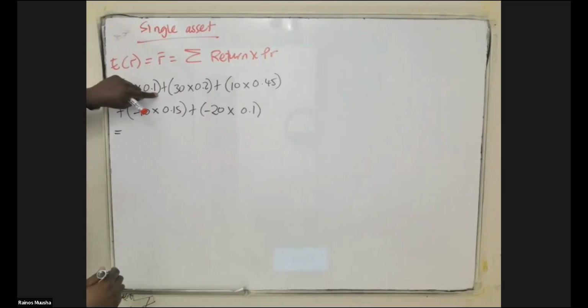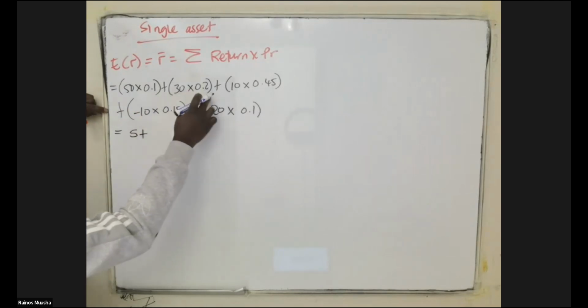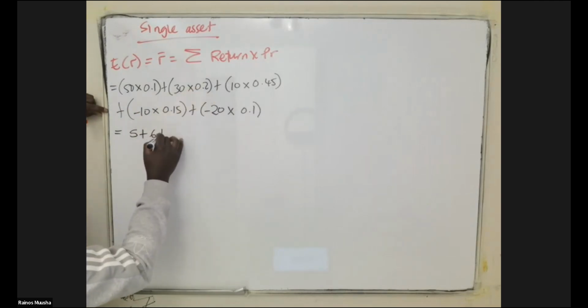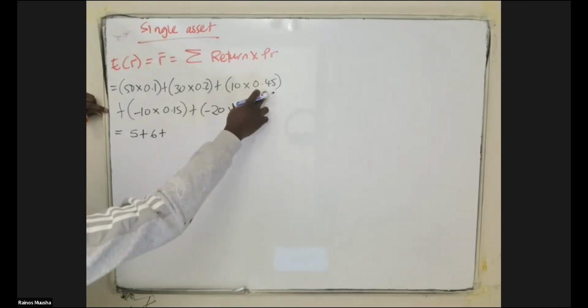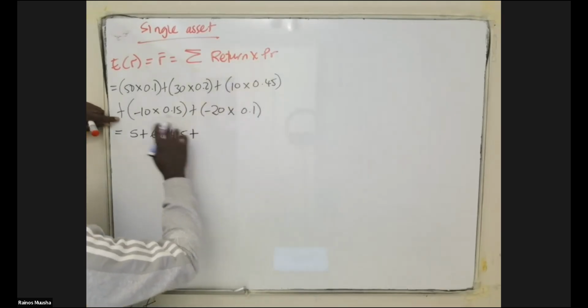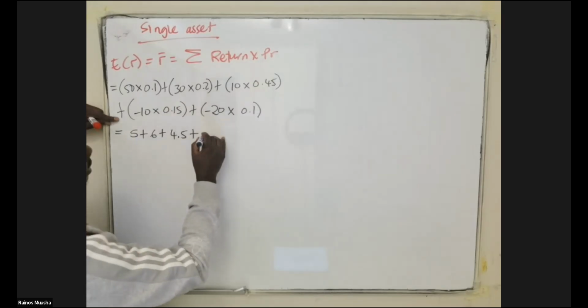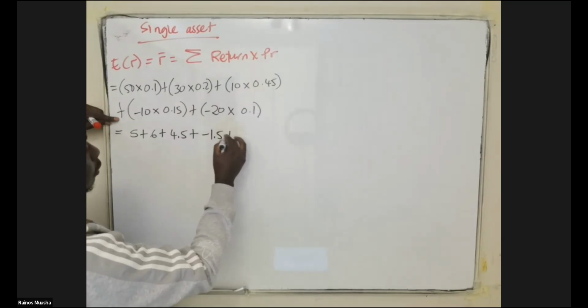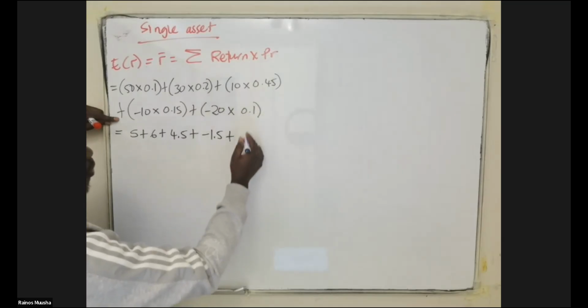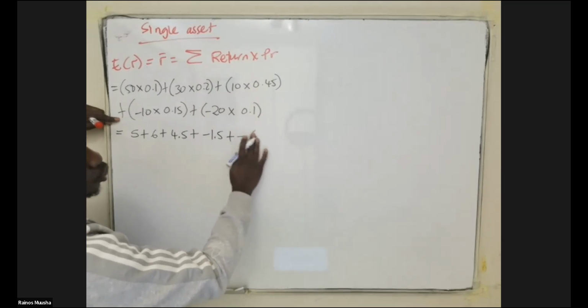So given this information, to get your expected return, it is going to be 50 times 0.1, which gives us 5, plus 30 times 0.2, which gives us 6, plus 10 times 0.45, which gives us 4.5, plus minus 10 times 0.15, which gives us minus 1.5, plus minus 20 times 0.1, which gives us minus 2.